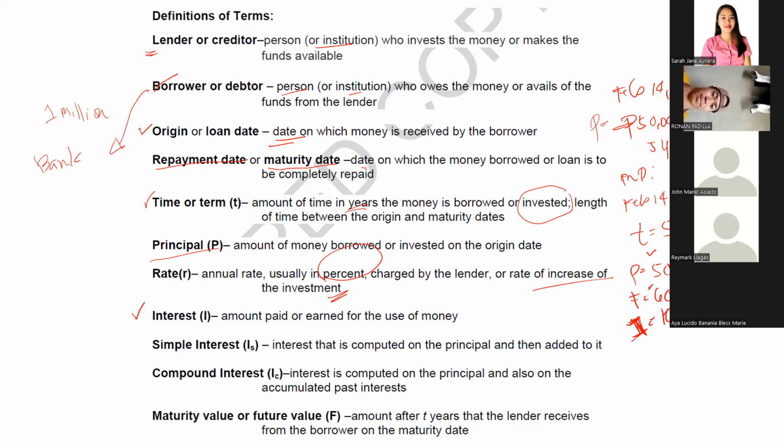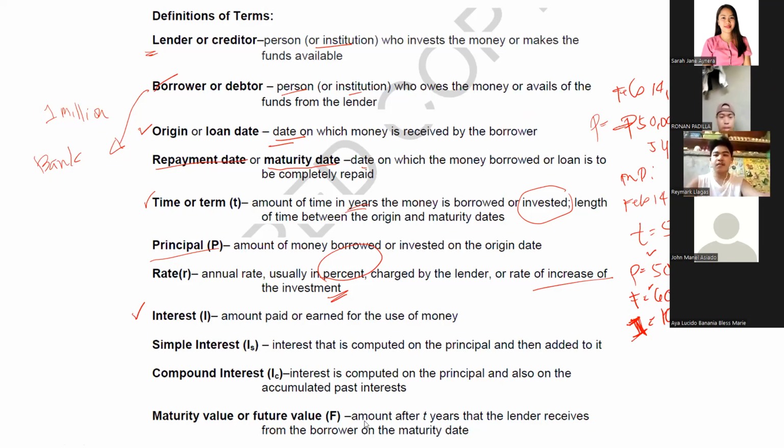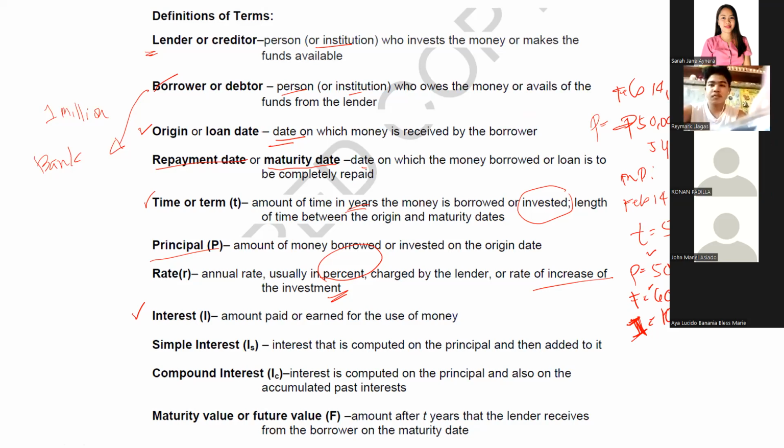Now, meron tayong tinatawag na simple interest and compound interest. Before that, maturity value or future value. Ang maturity value or the future value denoted by capital F, this is the amount after years that the lender receives from the borrower on the maturity date. Halimbawa, nag-utang ka ng 50,000, ang babayaran mo lahat is 60,000 after the due date.